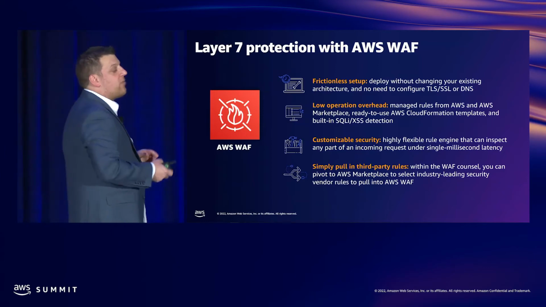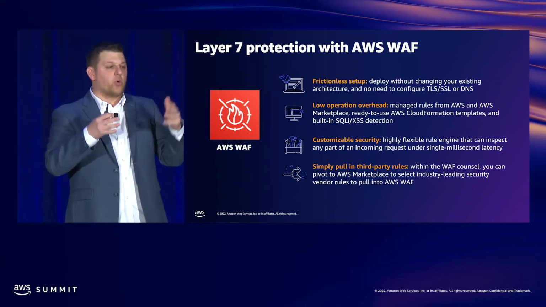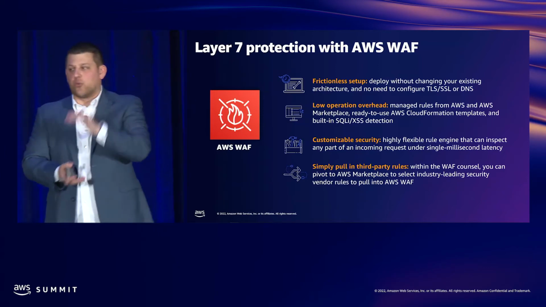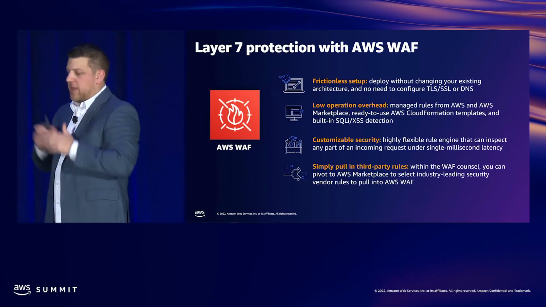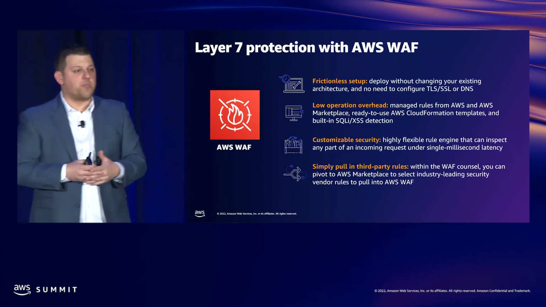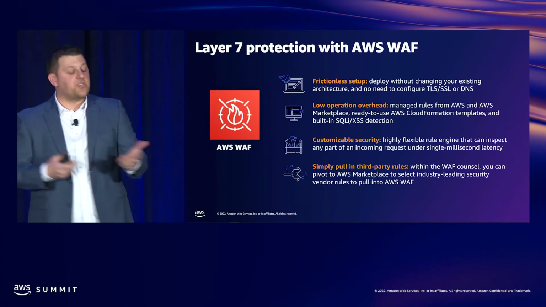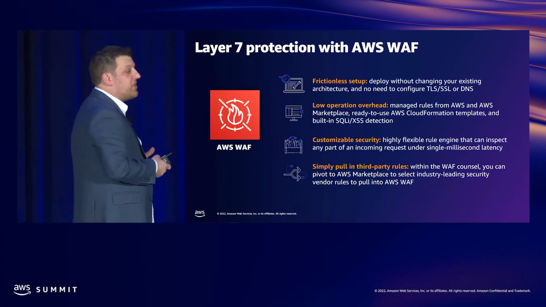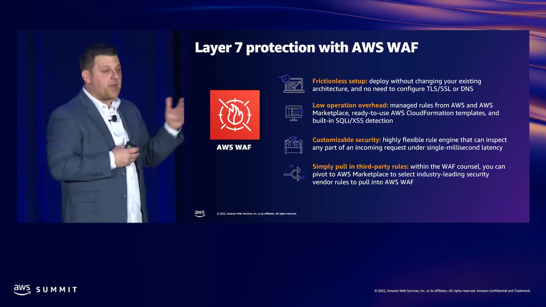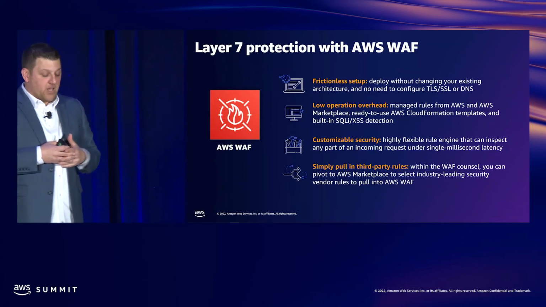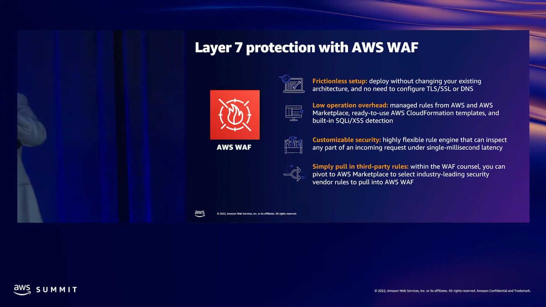Low operation overhead. And what we mean by that is, with our rules, you can choose our managed rules and you can just turn them on, and we manage those. You can put them in count mode if you'd like, as you set them up, and then when you decide that they work for your environment, you can put them in block mode. We also have custom rules, so it's easy.